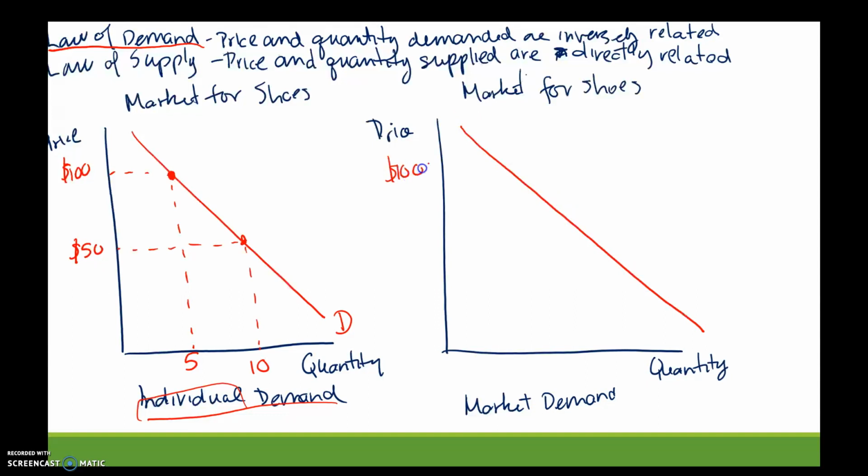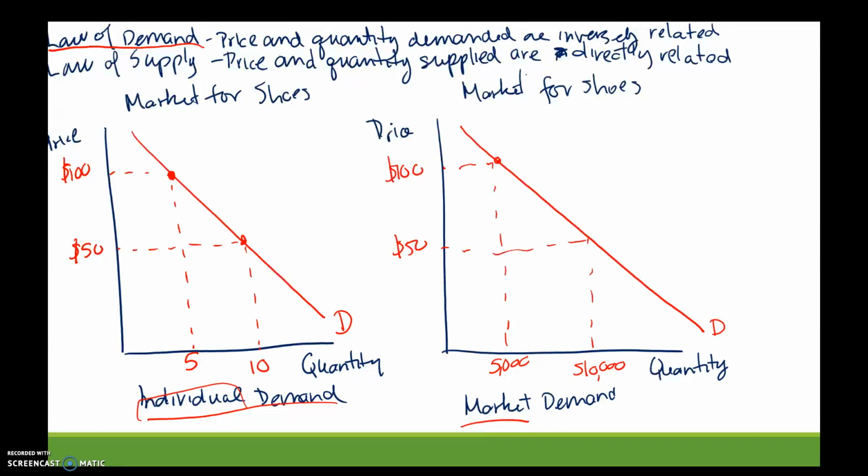So let's say that in this market, make the market a town, at $100 we'll sell 5,000 shoes a year, and at $50 we'll sell 10,000.